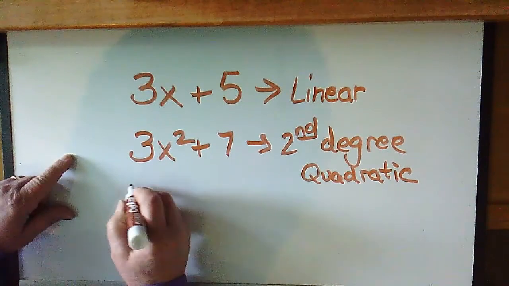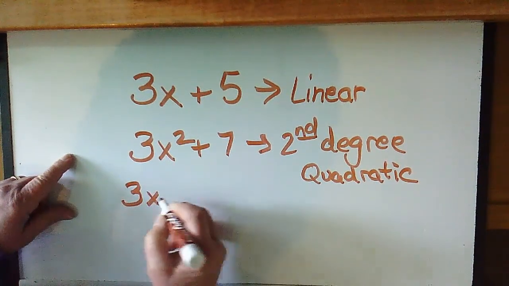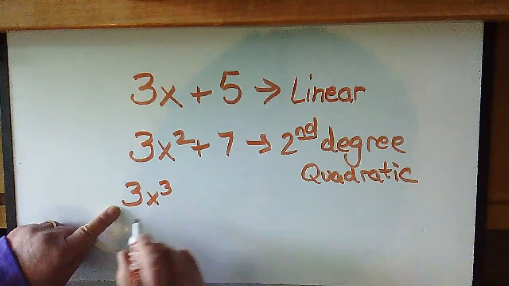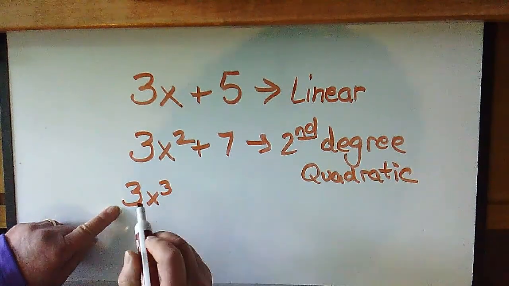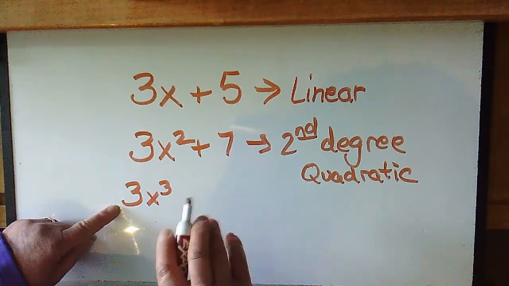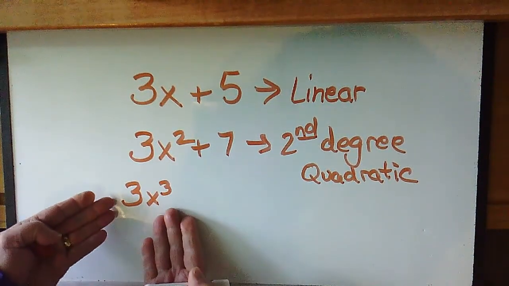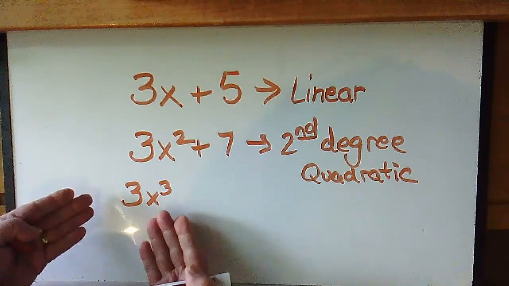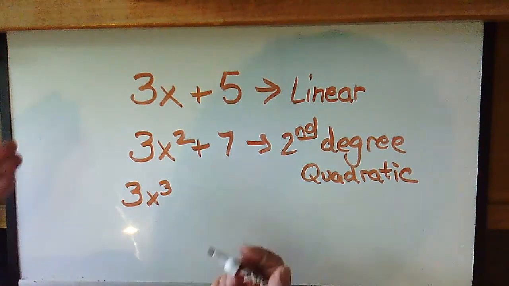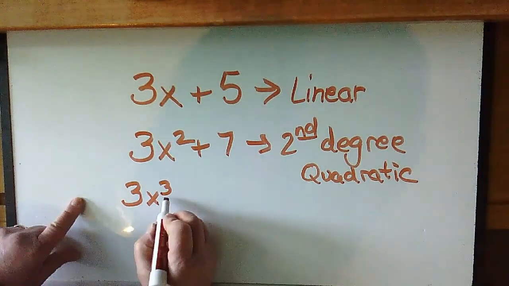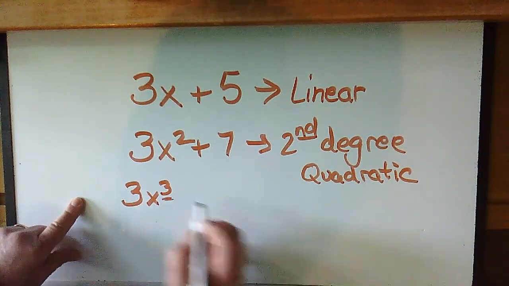Third degree polynomials, and you can see by how I'm writing this that yes, you can have higher degree polynomials with more terms, or you could have a single monomial that's a higher degree. So it doesn't matter how many terms, it's the power.